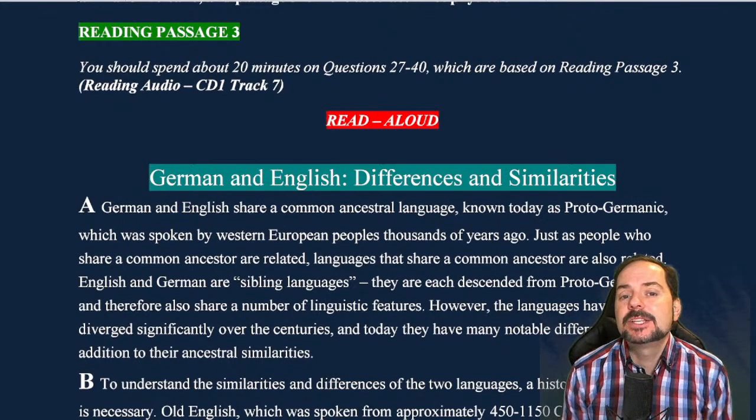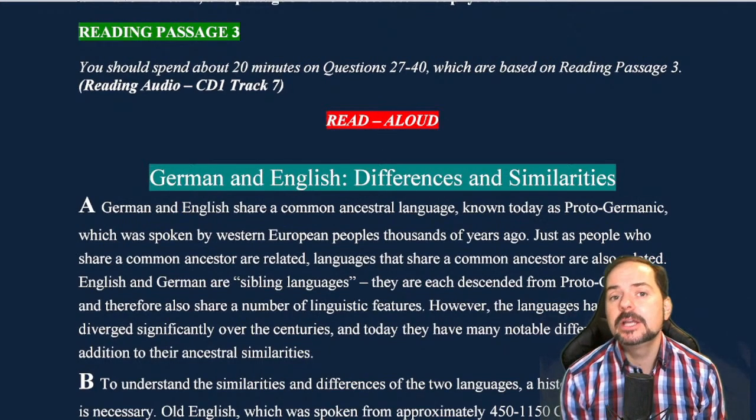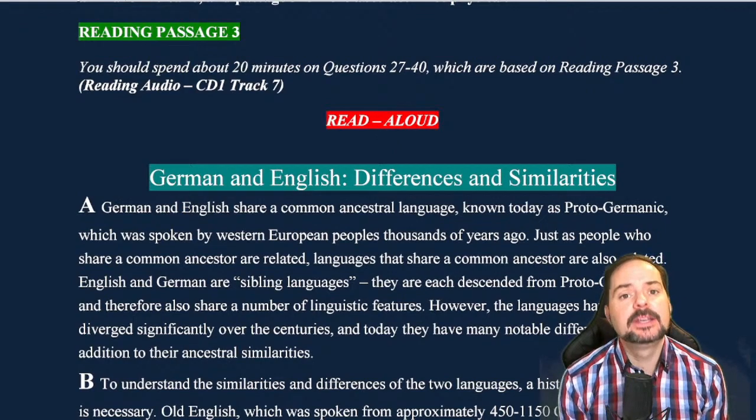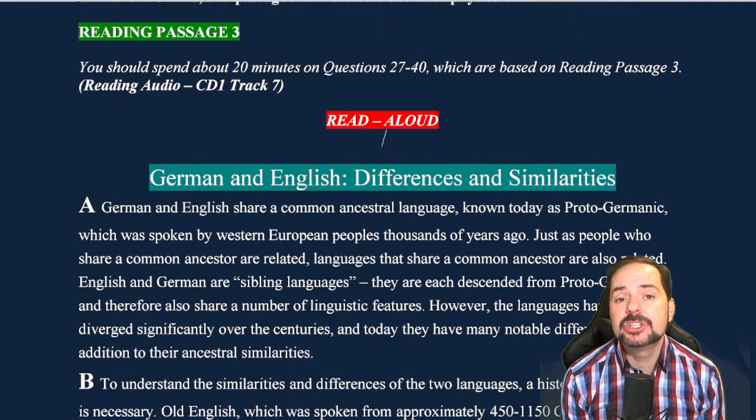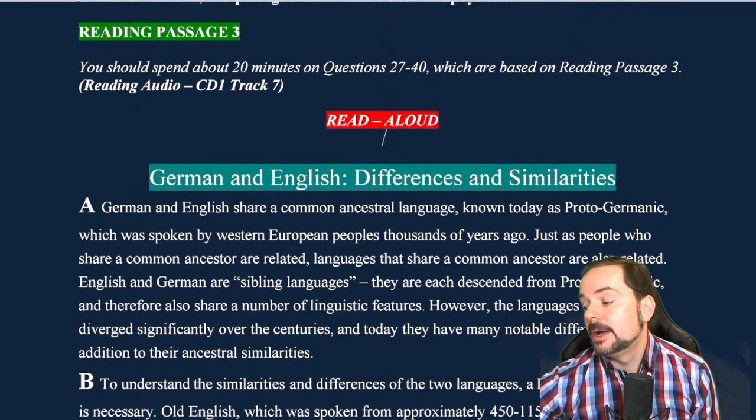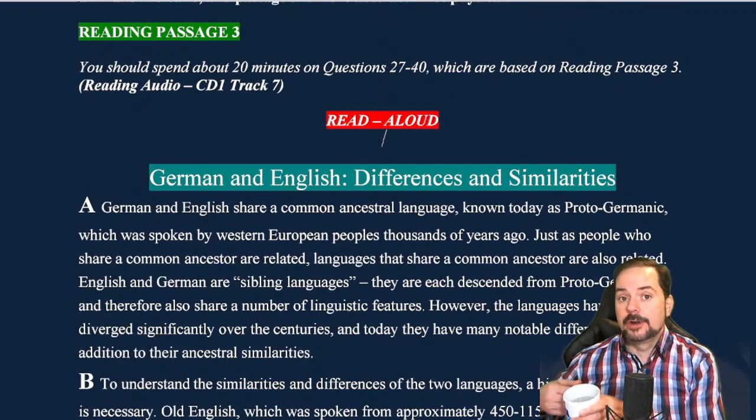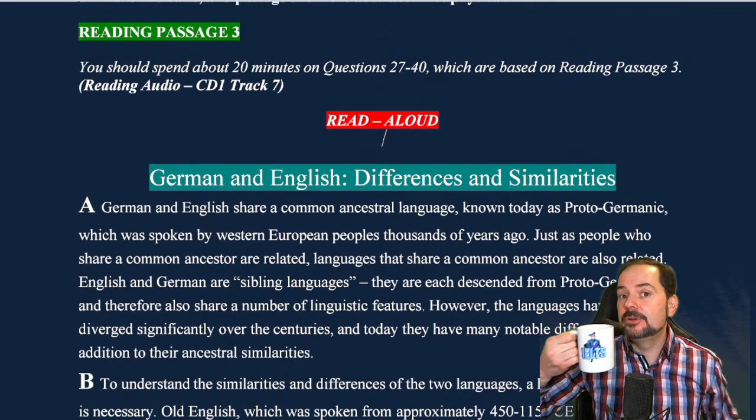So multiple sensory integration learning is really effective, okay? So you want to use that. It's tiring, it takes a lot of energy. Maybe have some water with you when you're doing a lot of aloud reading.